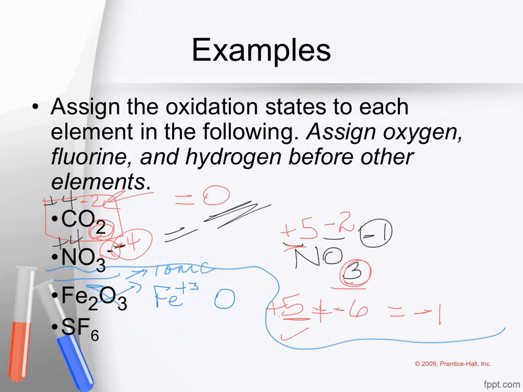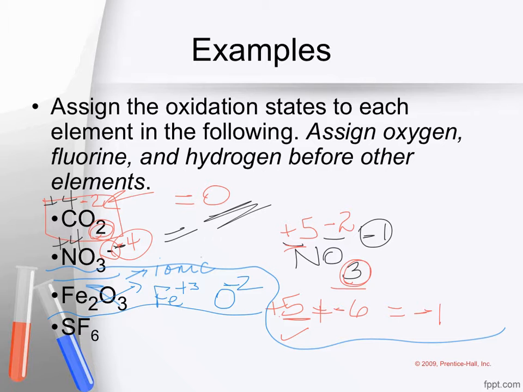Oxygen, as always, when it's an ion, has a charge of -2, which means its oxidation number is -2. So if you realize that was an ion, it makes it much simpler. If not, you can still figure it out.